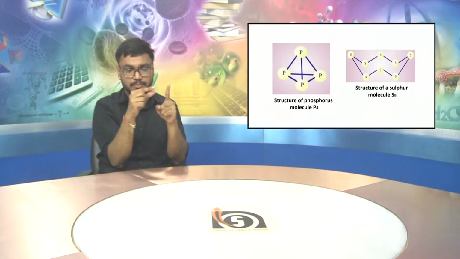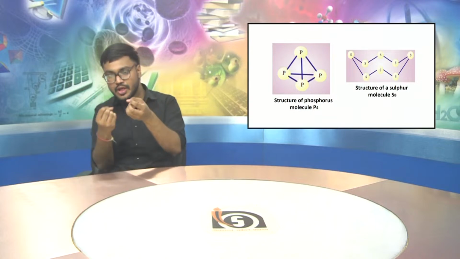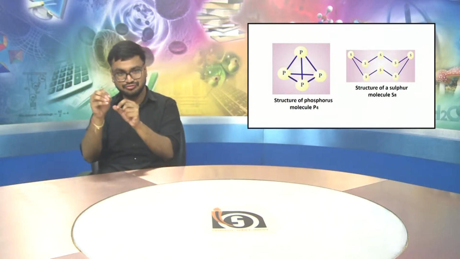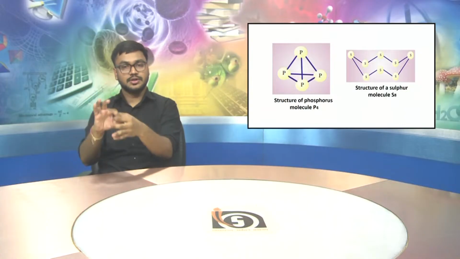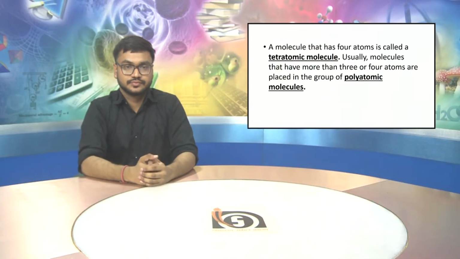There is a figure showing on the screen. First is the structure of the phosphorus molecule with 4 atoms, and second is the structure of the sulfur molecule with 8 atoms.